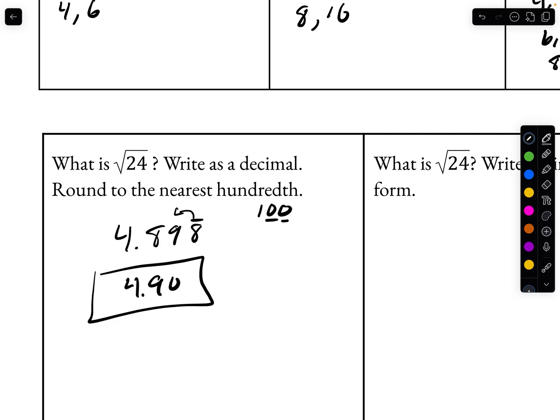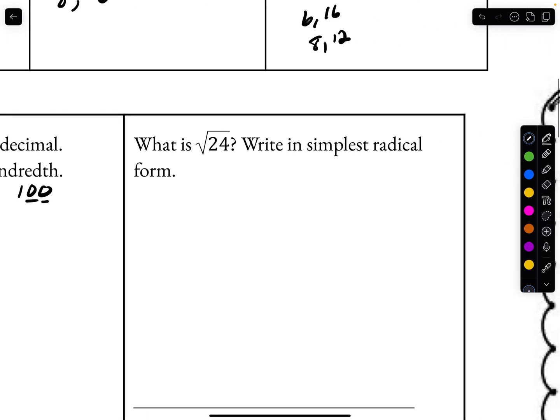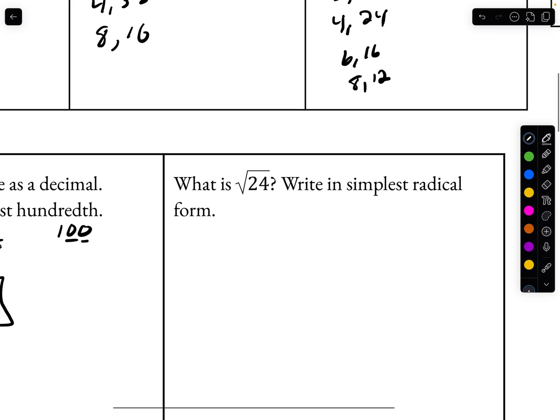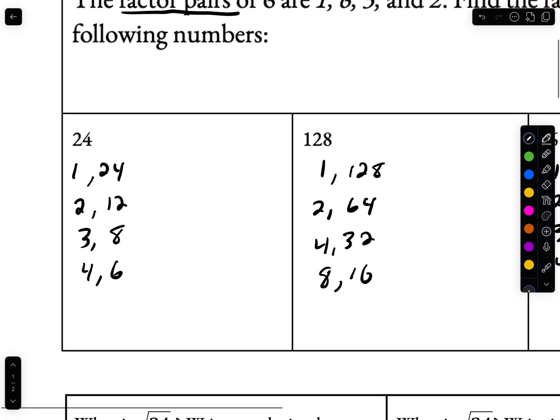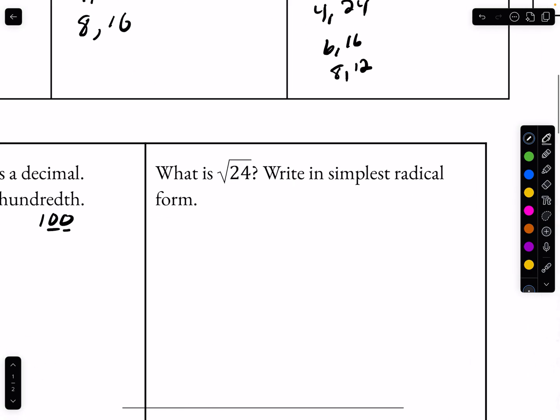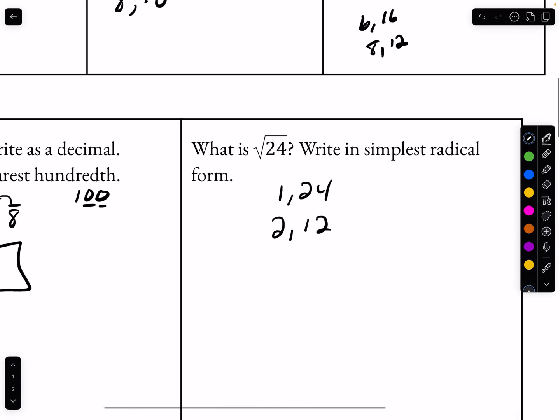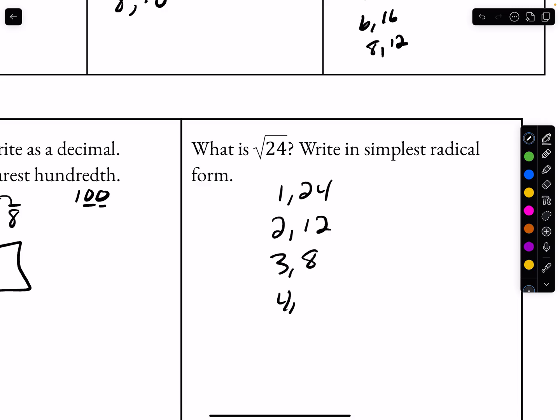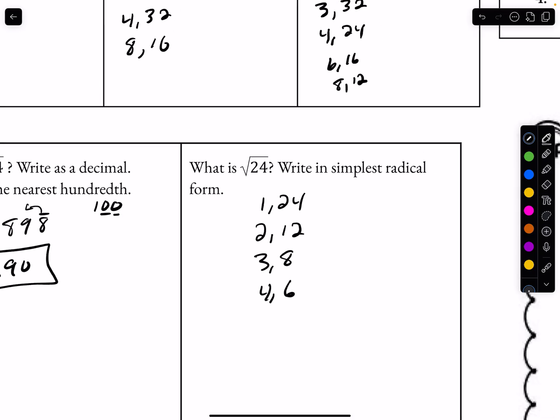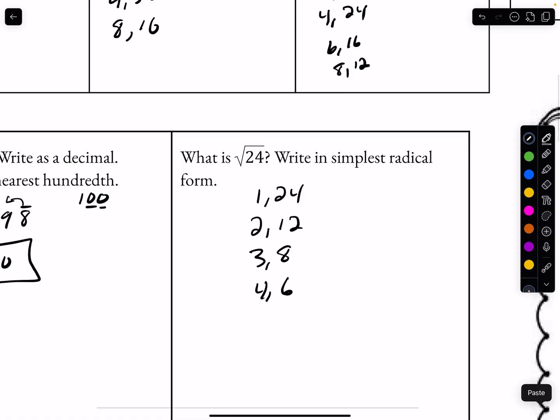Now, what is radical 24 written in simplest radical form? We already found the factor pairs of 24: 1 and 24, 2 and 12, 3 and 8, and 4 and 6. Out of these numbers, which one is a perfect square?